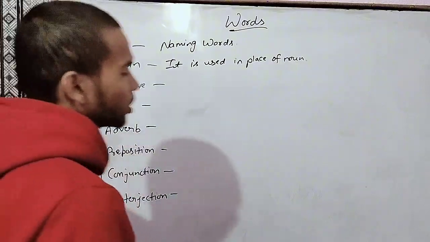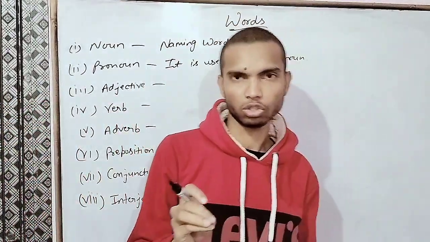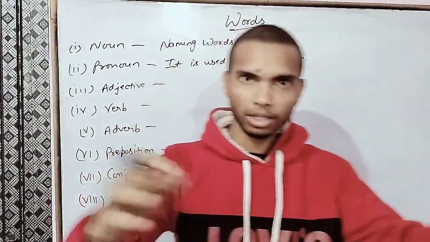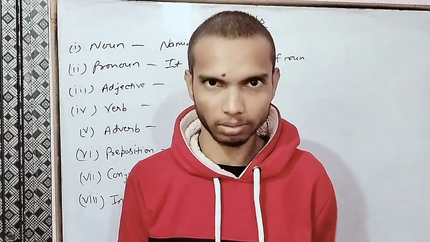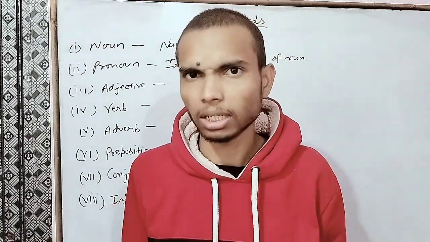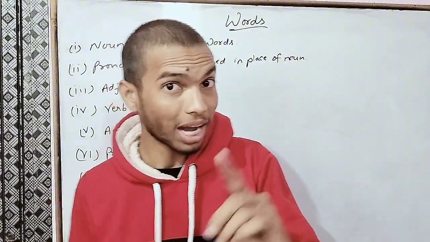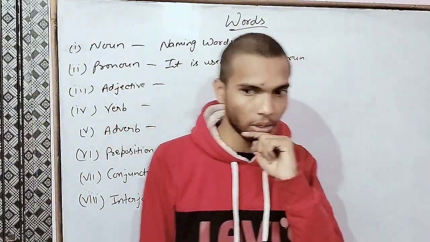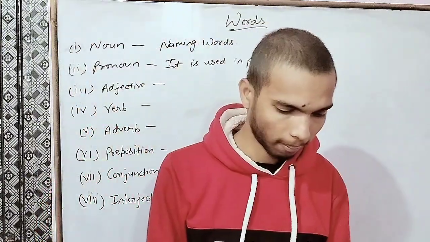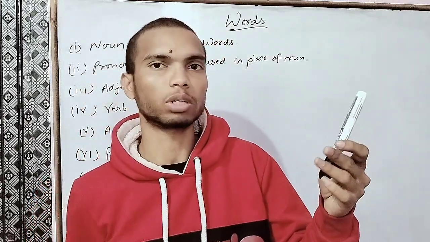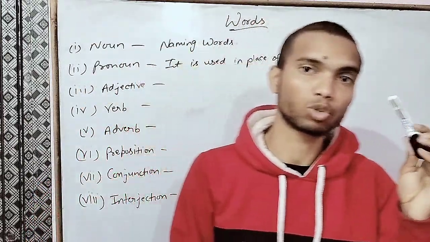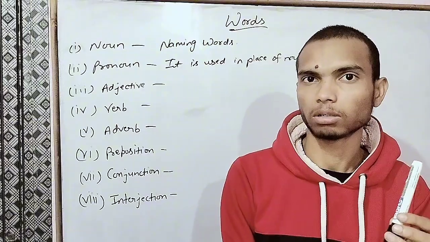So naming words means whatever we are looking at in front of us, whatever we have around us. Remember, we know the name of this object. What is the name of this? A marker. So marker is a noun.